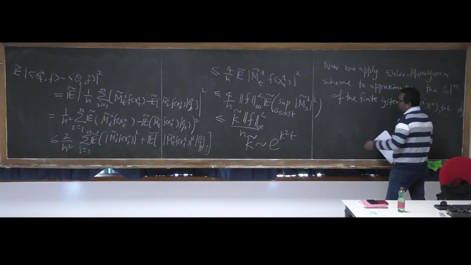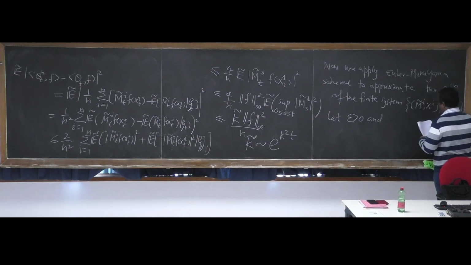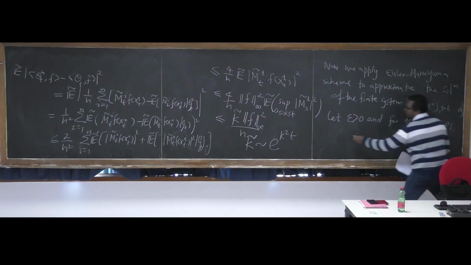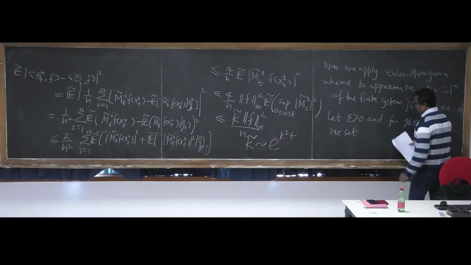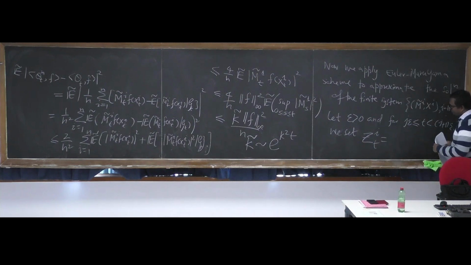All right. So now let epsilon be a small positive number, and for t in between j times epsilon and (j plus 1) times epsilon, we set z it as the log of m tilde it.